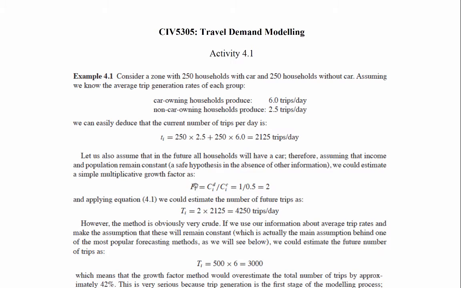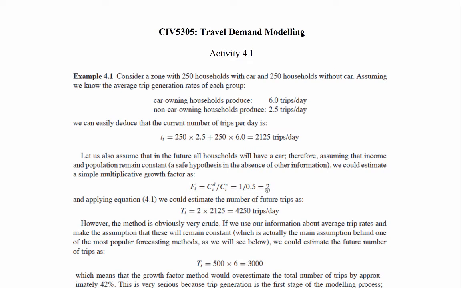So we define the growth factor as the car ownership rate of the future year over the car ownership rate of the current year. Therefore, 100% of households in the future, we assume that they will have a car, over 50% of the households having a car in the current year. Therefore, the growth factor will be 2.